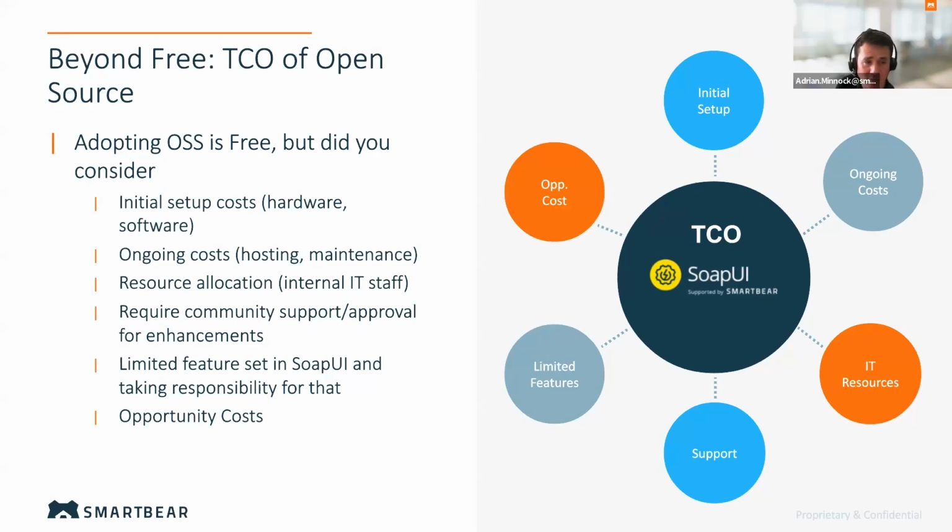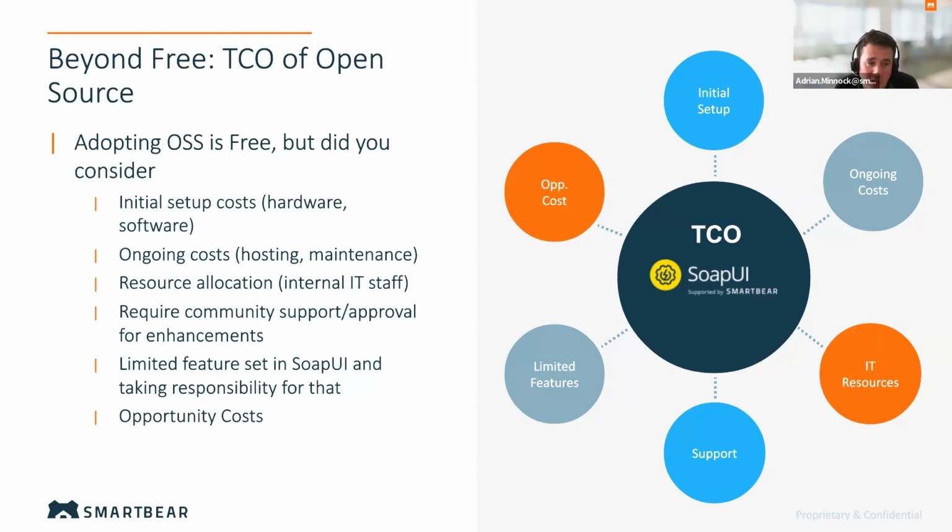Ongoing costs for maintenance or hosting, and this feeds into whether the open source tooling you're looking at is going to be a desktop application or SaaS. Even if we have SoapUI here, it's a desktop application, but are you going to have to run that on a VM and have it hosted somewhere? Is it going to be on desktop, so a user's local machine?